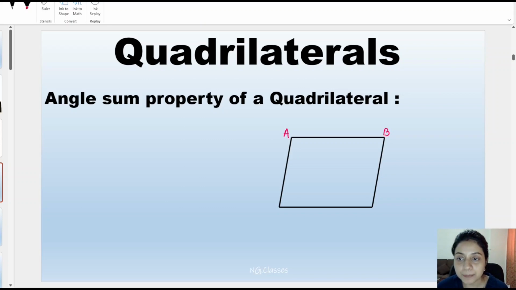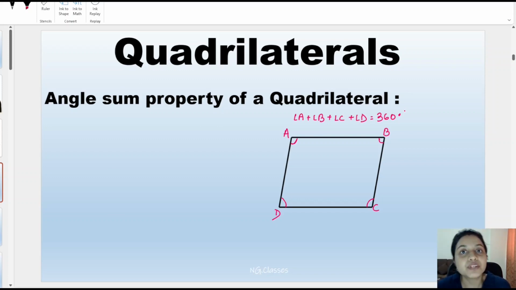As we know, the sum of the interior angles of a quadrilateral, that means the sum of angle A, angle B, angle C and angle D, is equal to 360 degrees. We already know this theorem and have used it while solving a lot of questions. Here we are going to prove this theorem, the angle sum property of a quadrilateral.